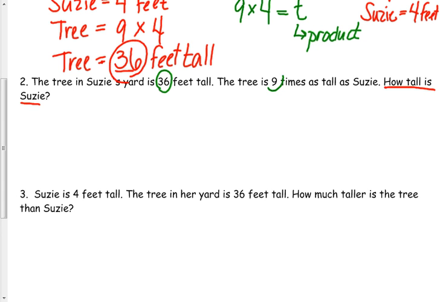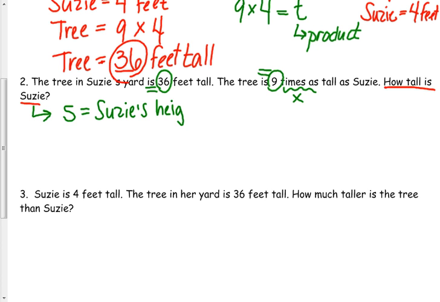We're going to need 9. I see times means multiply. Is means equal. And I already underlined how tall is Susie. So that's our question, which means we need the variable to be the height of Susie. So S equals Susie's height.